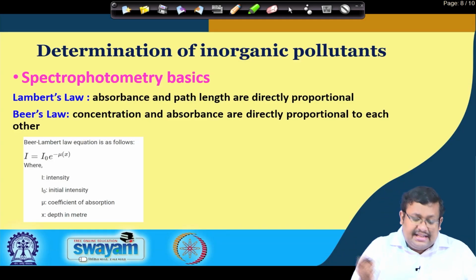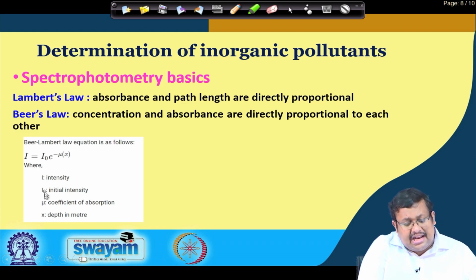In terms of intensity, the Beer-Lambert's law equation can be written where I is the intensity, I0 is the initial intensity, e to the power of minus mu is the coefficient of absorption, and x is the depth in meters.